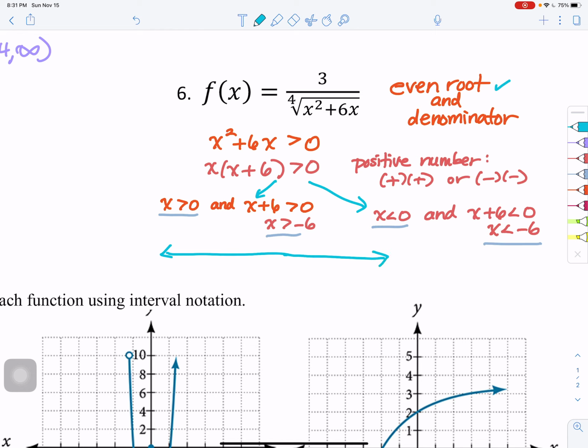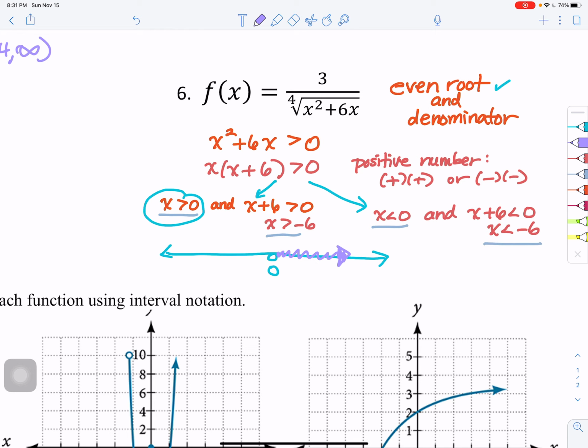And let's start on the left-hand side. X has to be greater than 0 and greater than or equal to negative 6. The most restrictive is x greater than or equal to 0. So here's 0, and we want everything greater. So here we're both greater than 0 and greater than negative 6. So there is the first part.